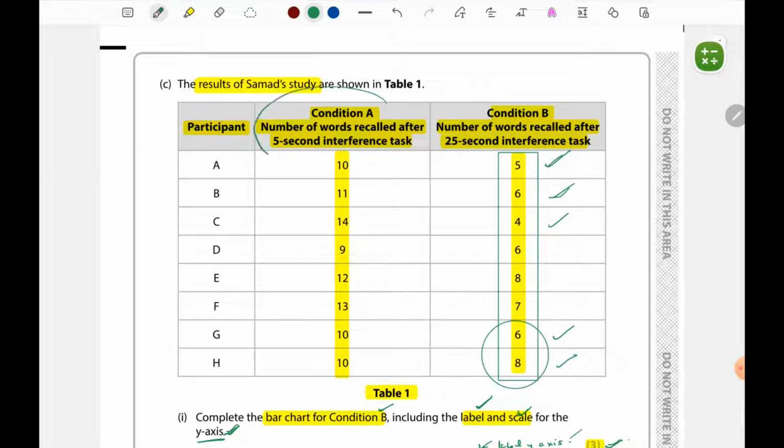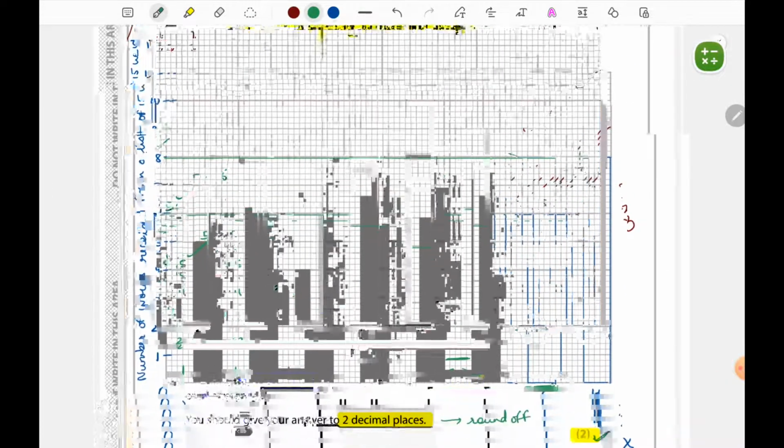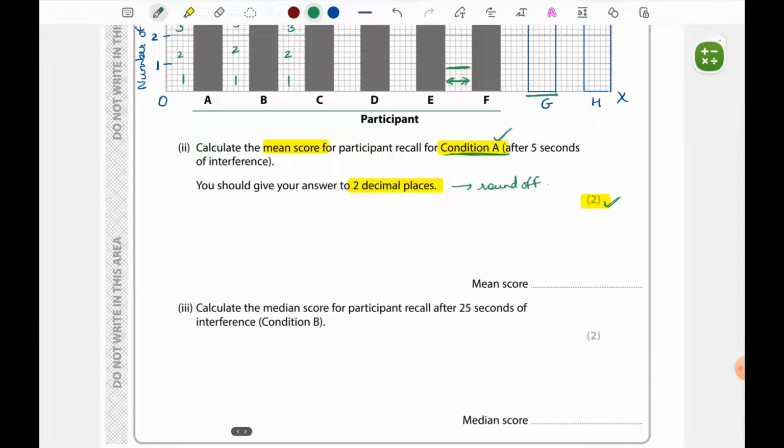Okay, firstly, coming back to the table, we want the mean only for condition A, which means only for these 8 numbers which are there from 10 till 10. Okay, so what we will do is first we will show the calculation. So we'll say mean score is equal to, okay, now what we do for the mean, as you know, on the top, on the numerator, we sum up all the numbers which are available, or we total all the numbers which are there.